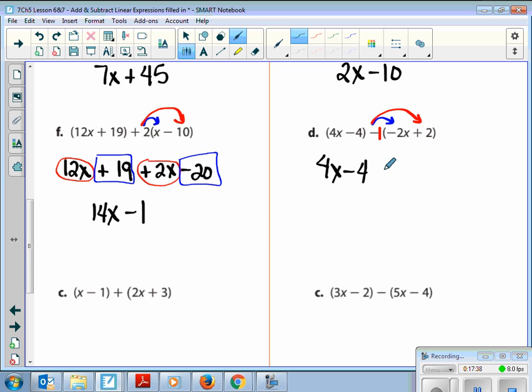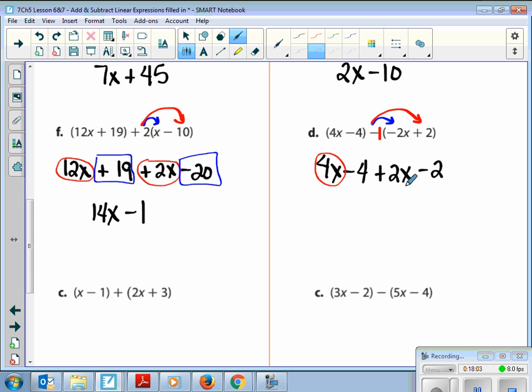Okay? So when we do that, we have negative 1 times negative 2x is a positive 2x. And then we have a negative 1 times a positive 2, and that's going to give me negative 2.